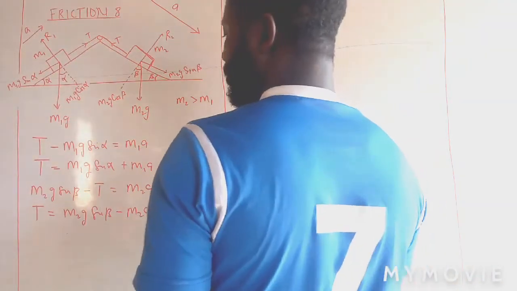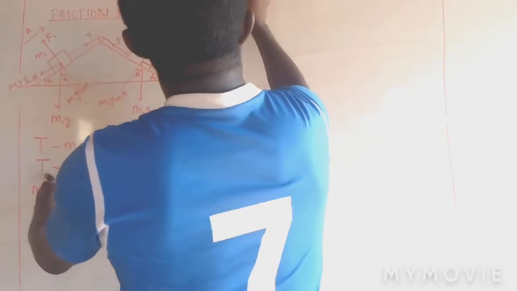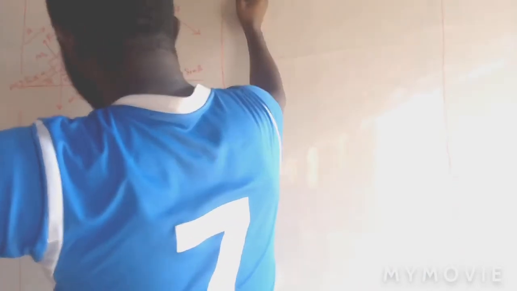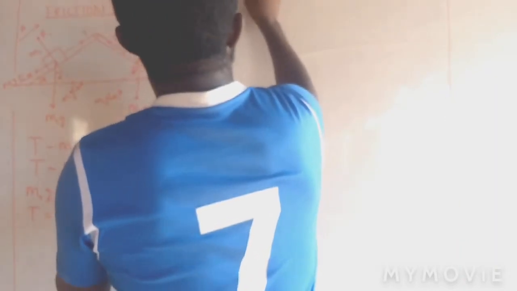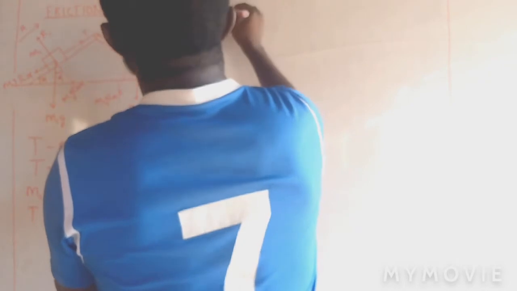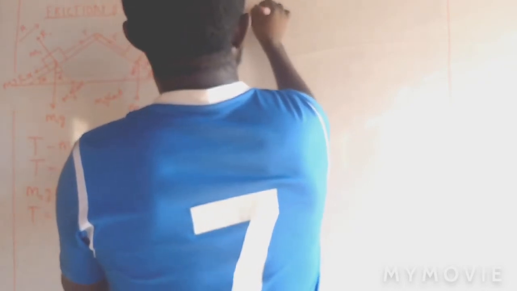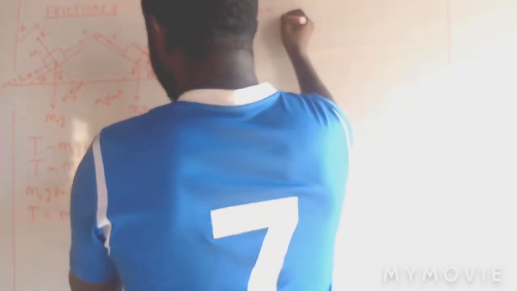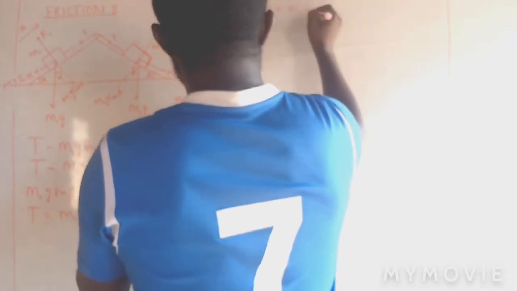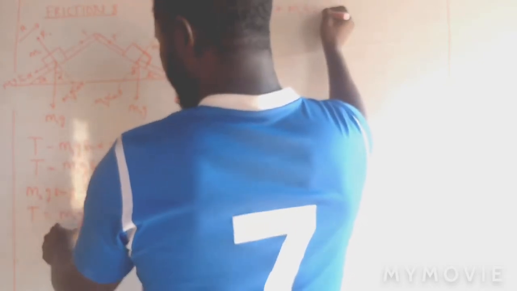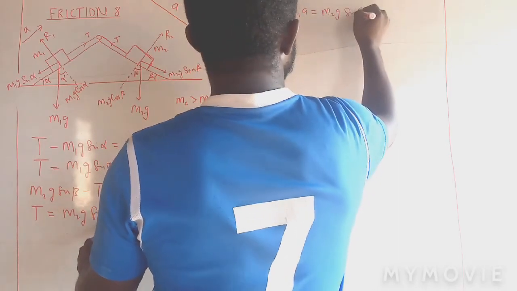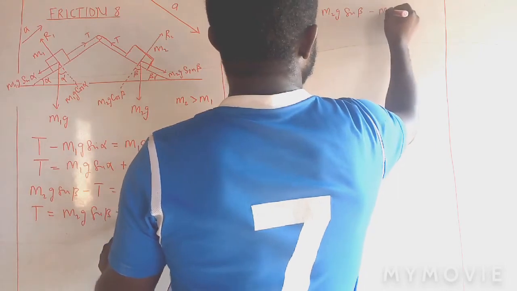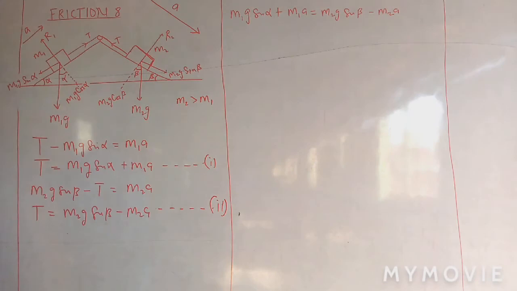If I equate the two, I will then have m1g sine alpha plus m1a is equal to m2g sine beta minus m2a. So that is what I will have.